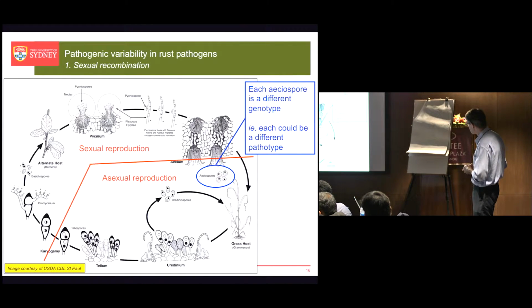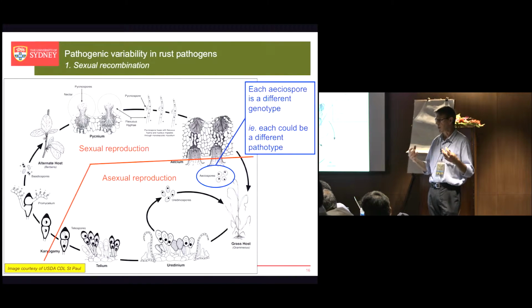Potentially, each one of those aeciospores could be a different pathotype. Each aeciospore is a different genotype. Each could be a different pathotype. So if you took 100 or 1,000 aeciospores off a Barberry plant and it was Puccinia graminis, former species tritici, you could have 1,000 different pathotypes. Huge variation.